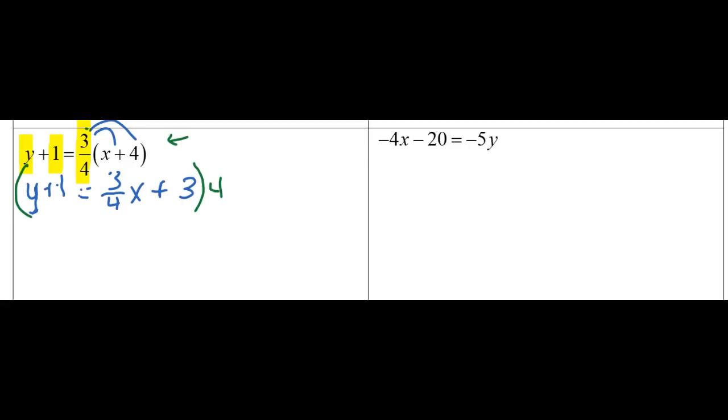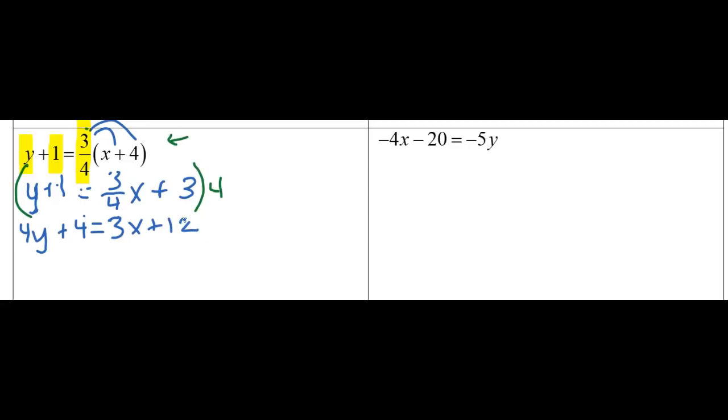But now that I have no quantities and I'm getting rid of this fraction, I can multiply it out to all of these terms. All right, so I'm going to multiply 4 to y, which will give me 4y, 4 to positive 1, so positive 4, 4 to 3/4 x, which will leave 3x, and 4 to positive 3, which will give me positive 12.